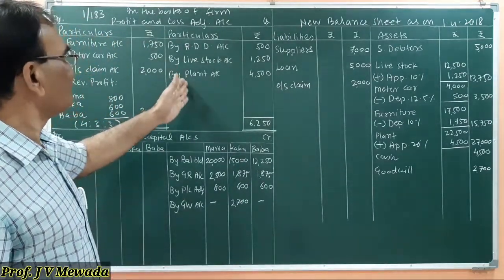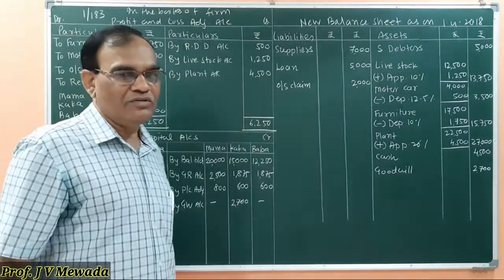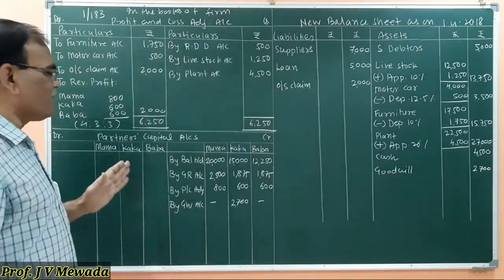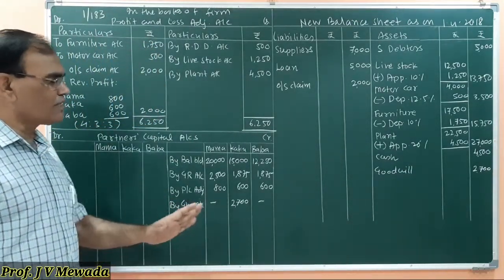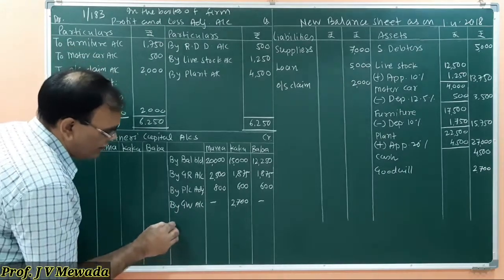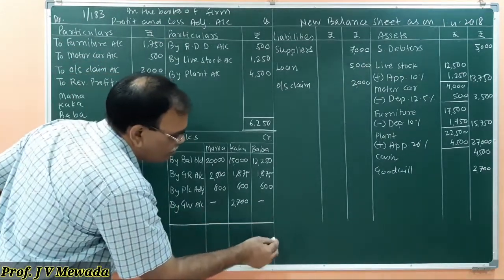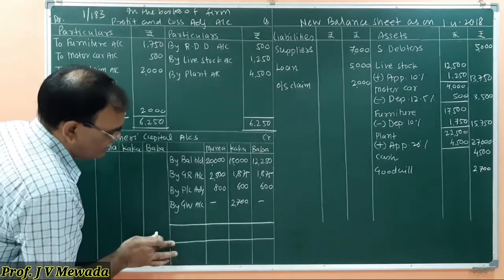Then now we have to close the accounts. So we have already completed the profit and loss adjustment account. Now we have to close the partners capital account. In that first we have to close Kaka's capital account, and after that we are going to close the account of other two partners.